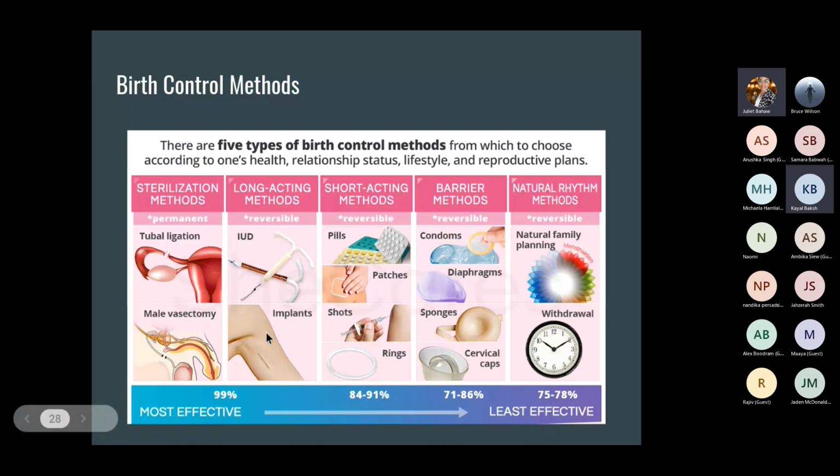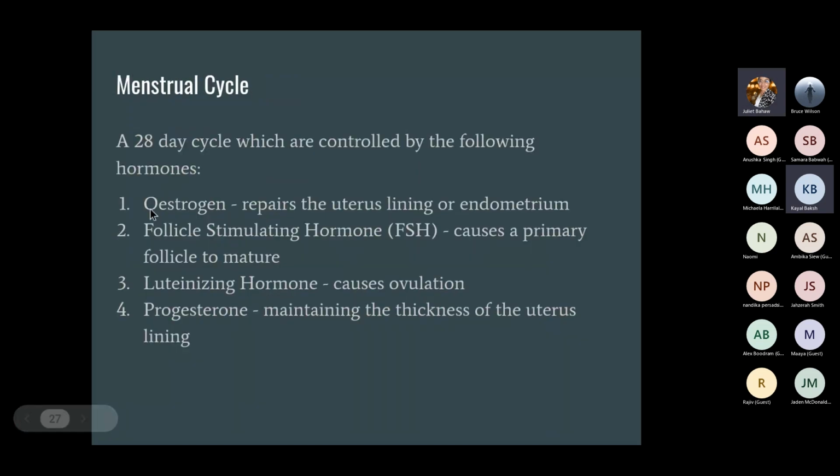There are also implants, and all kinds of different methods. These are controlled by synthetic or artificial hormones. The pills are purely hormones. These hormones cause estrogen levels to decrease.